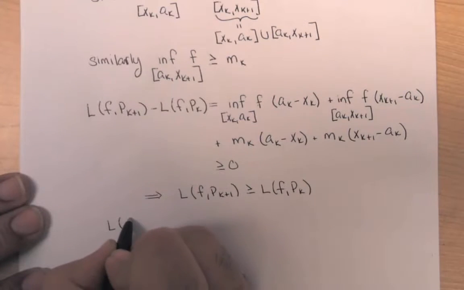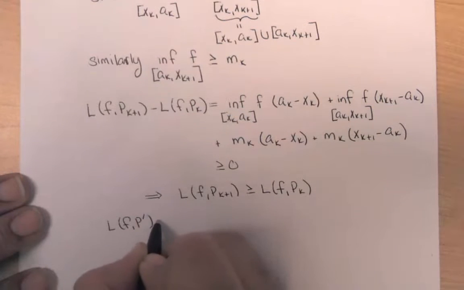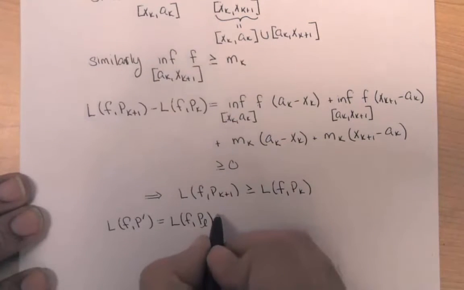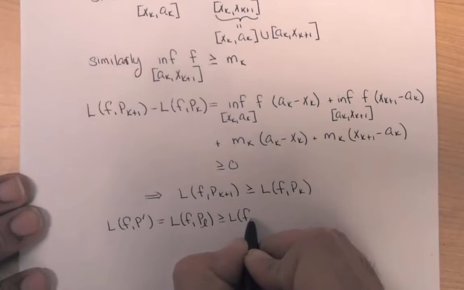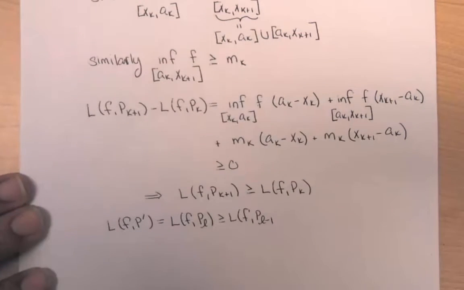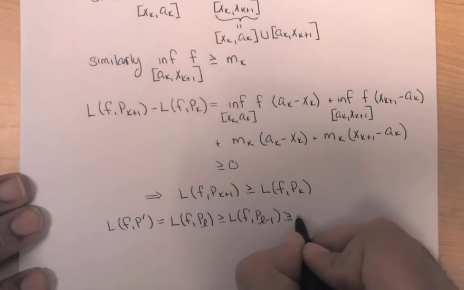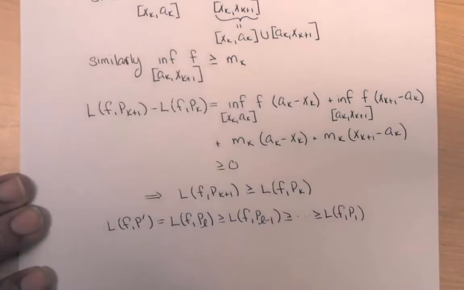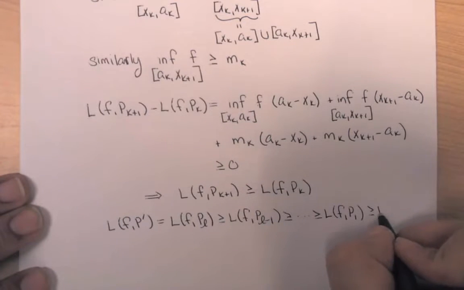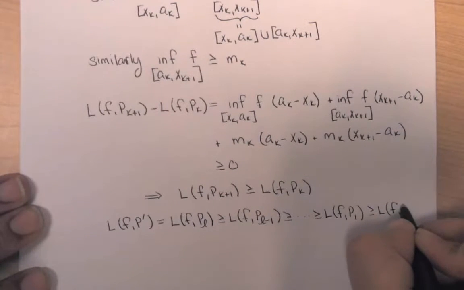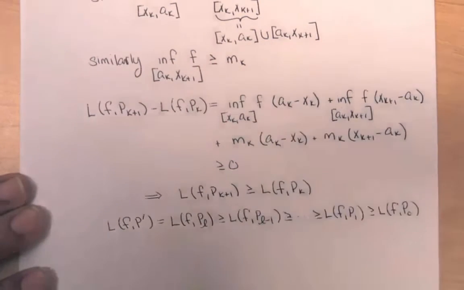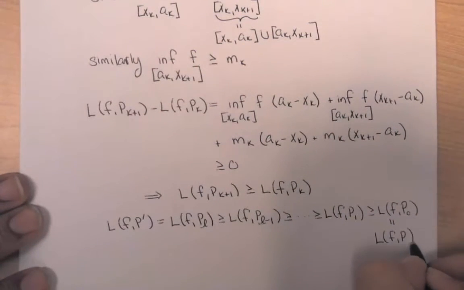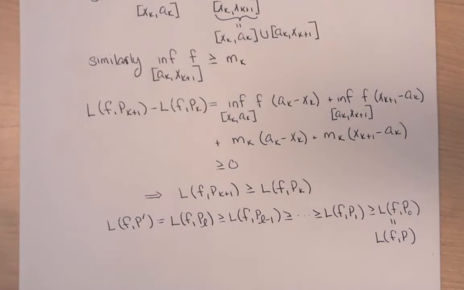That means that L of f over the refinement, right, that's L of f PL, is greater than or equal to the lower sum of the previous refinement, which is greater than or equal to the lower sum of the first refinement and all the ones in between, which is greater than or equal to the lower sum of P naught, which is the original partition, right, which equals the lower sum of f over P. And we've proven our result.